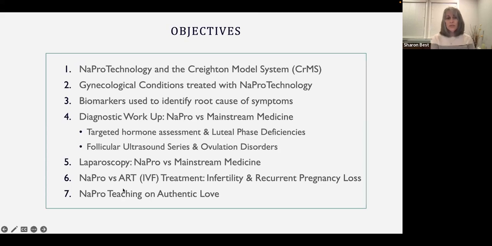We'll talk just briefly about our treatments for infertility and recurrent pregnancy loss, and I'll compare protocols for NaPro to that of Assisted Reproductive Technology. IVF would be the one you're most familiar with. And we'll close the lecture with a little bit about teaching on authentic love.